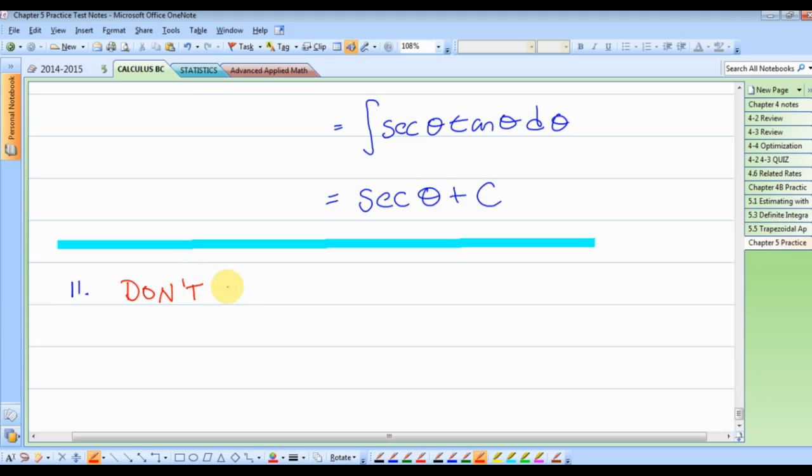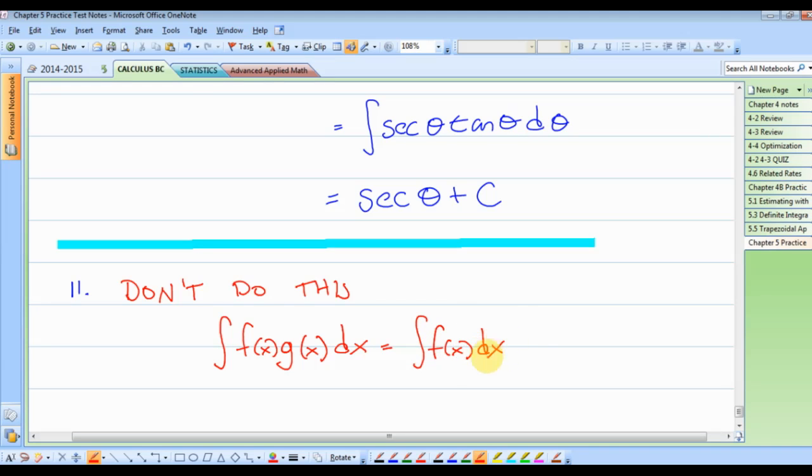Don't do this. The integral of f of x, g of x, dx is equal to the integral of f of x times the integral of g of x. This is not true.